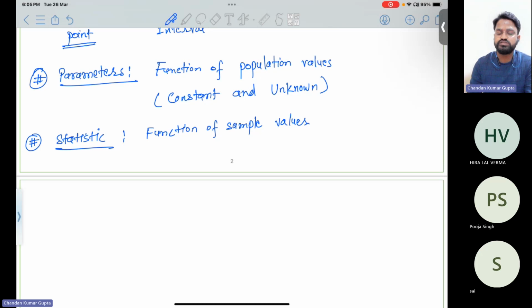Then that statistic is called an estimator. For example, suppose we want to estimate the population mean. Then the sample mean is used to estimate it. That sample mean is a statistic used for estimating the population mean, so it is an estimator.